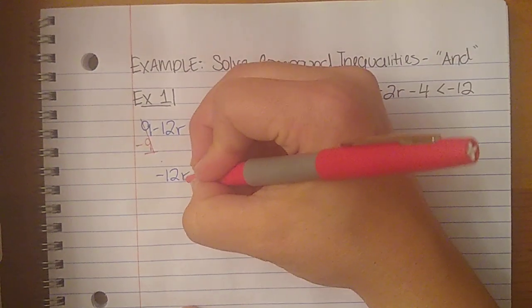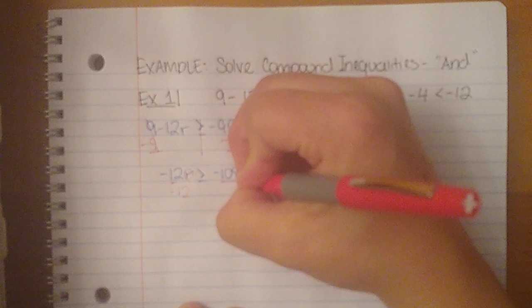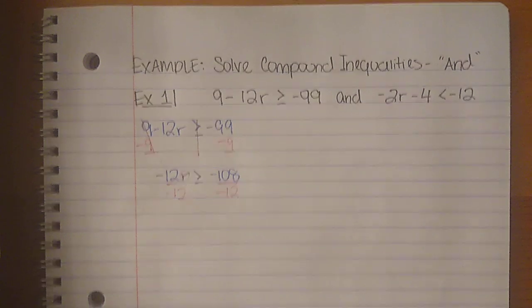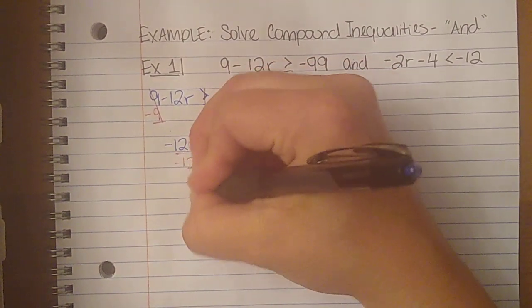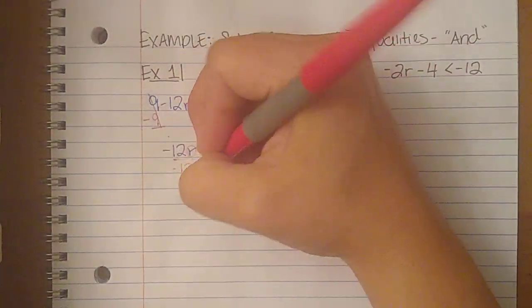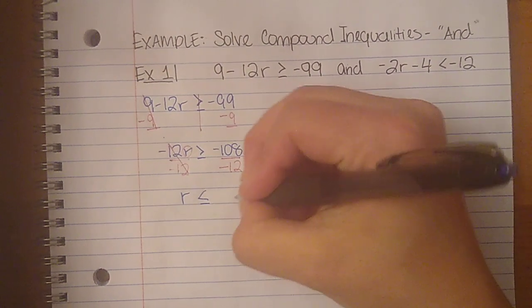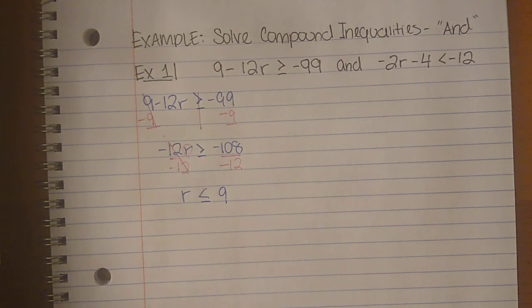Reminder, I'm dividing by a negative, so I have to flip this inequality around. Rather than greater than or equal to, it ends up being less than or equal to. So r is less than or equal to, and negative 108 divided by negative 12 is positive 9. R is less than or equal to positive 9.